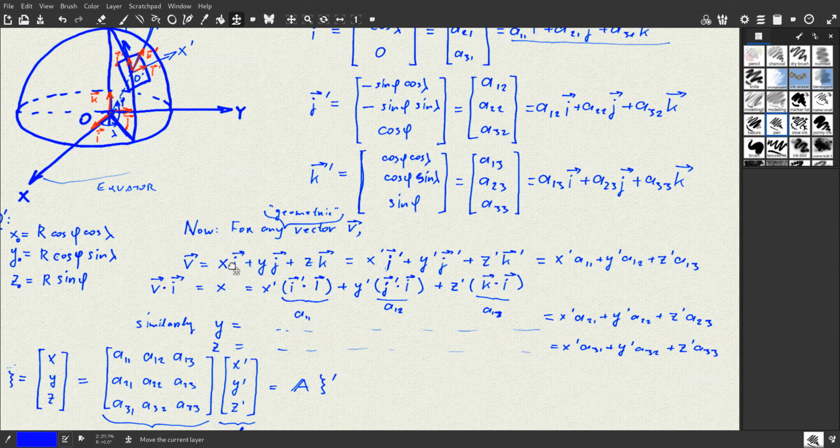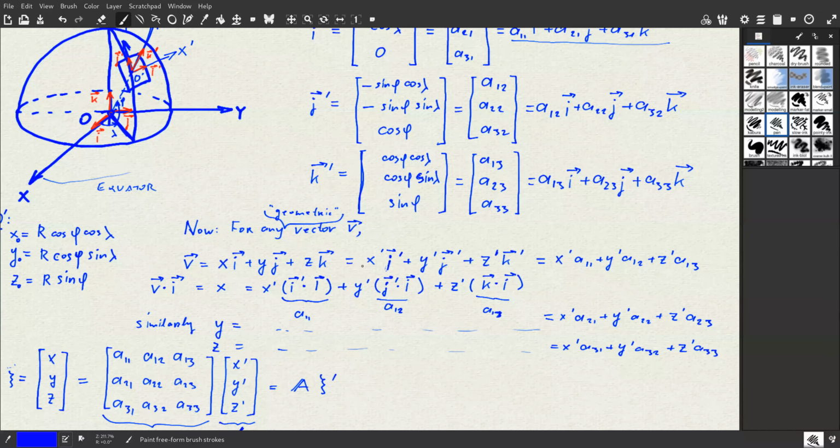It would admit a double decomposition. One of them is with respect to ijk, with coefficients obviously being x, y, z, and another one with respect to I prime, J prime, K prime, with the coefficients x prime, y prime, z prime. That's where we actually stopped at the end of the last lecture.